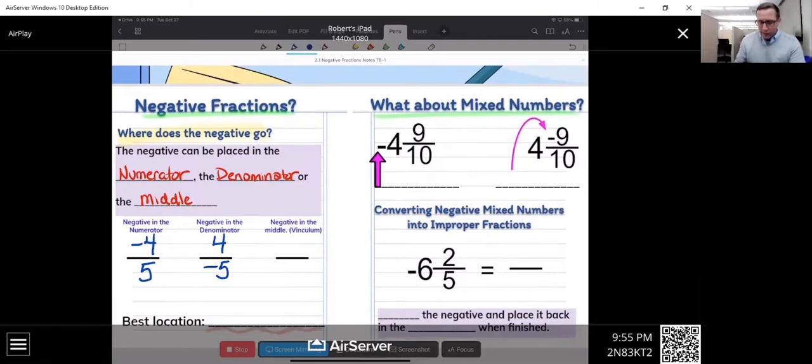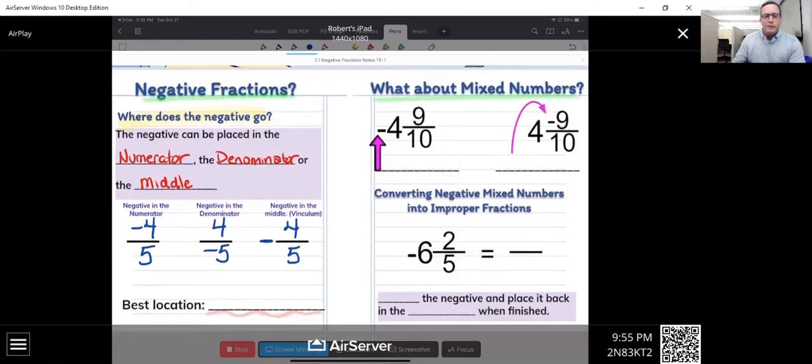The last spot is to put it right in line with that fraction line, which is called the vinculum, and that comes out to -4/5. That can sometimes be confusing to people.